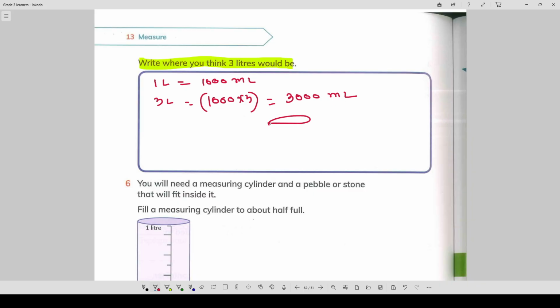So you can draw a jug, and here is 1 liter, here is 2 liters, here is 3 liters, and the top is full. So you can just fill it to 3 liters, right?